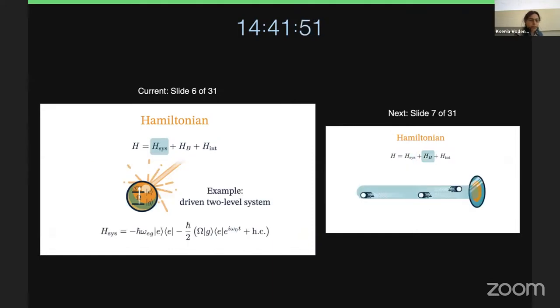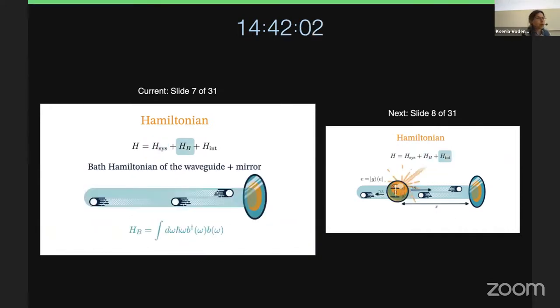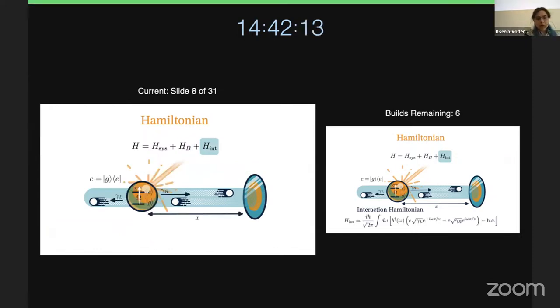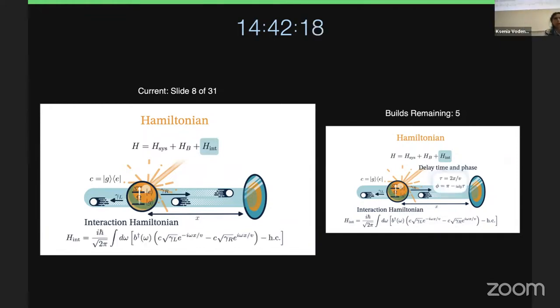For the system, the simplest example is a coherently driven two-level system. The bath Hamiltonian is also quite simple. Here's the waveguide with the mirror, and we're dealing with linear dispersion in the waveguide. And now their interaction. We have our atom coupled to left and right propagating modes with the coupling rate gamma. And you can see these two types of interactions in the Hamiltonian.